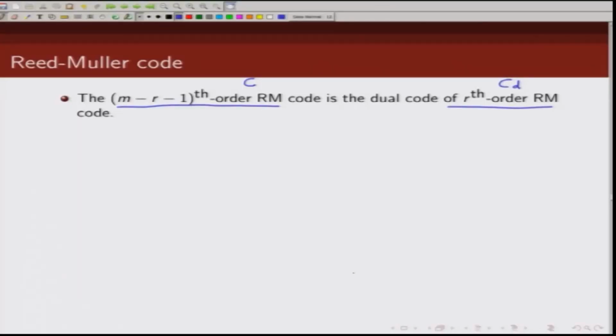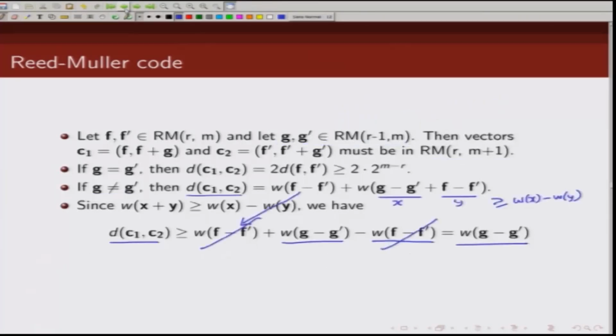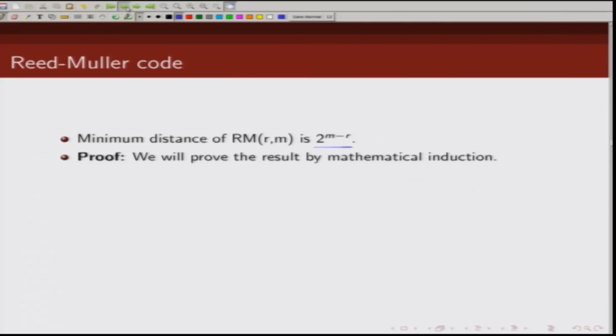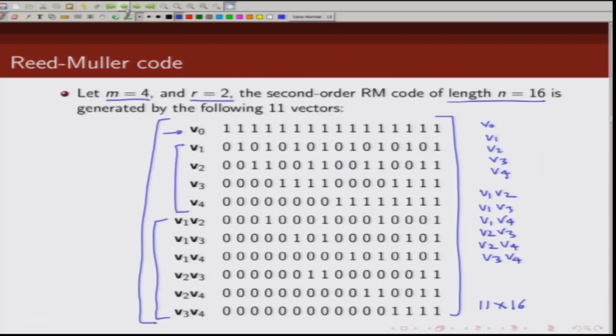Another point which I should mention here is, let us go back to our construction of Reed-Muller code here. Please note the way these Boolean products are constructed. In fact, we just proved also that the minimum distance of the code is even, it is 2 raised to power m minus r. So, the minimum distance of Reed-Muller code is even.